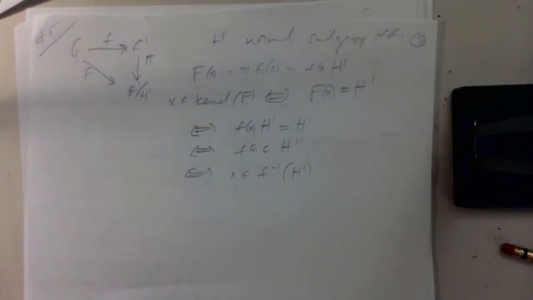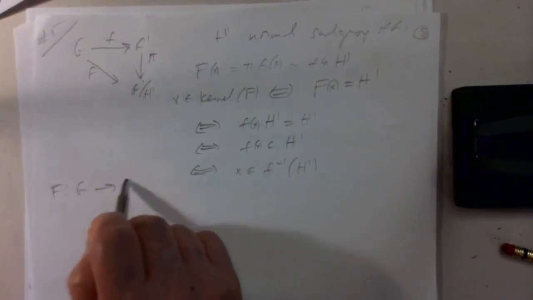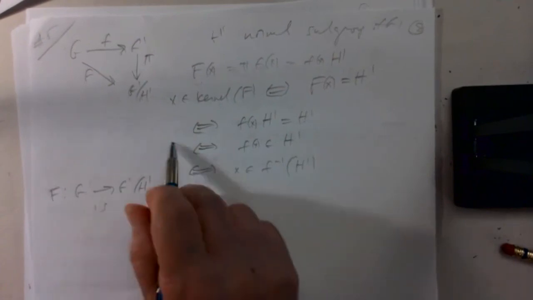So to prove that, we have to show one example of an isomorphic function. So we have this function from G into this, and we're told that f is onto, and we know that pi is onto. So F from G to G prime mod H prime is onto. Right.